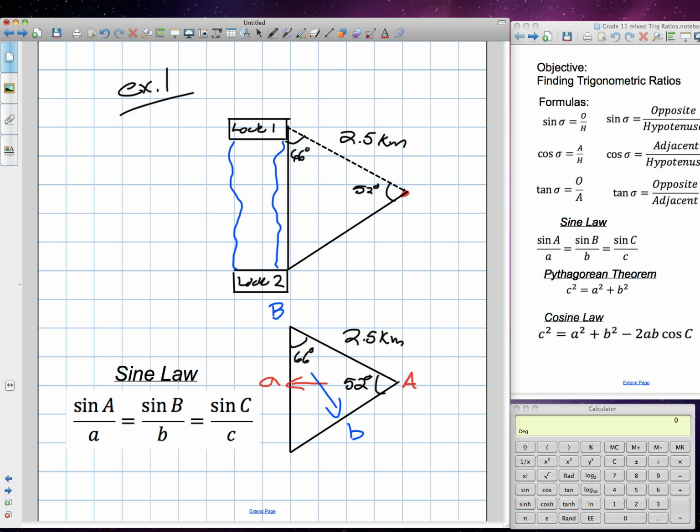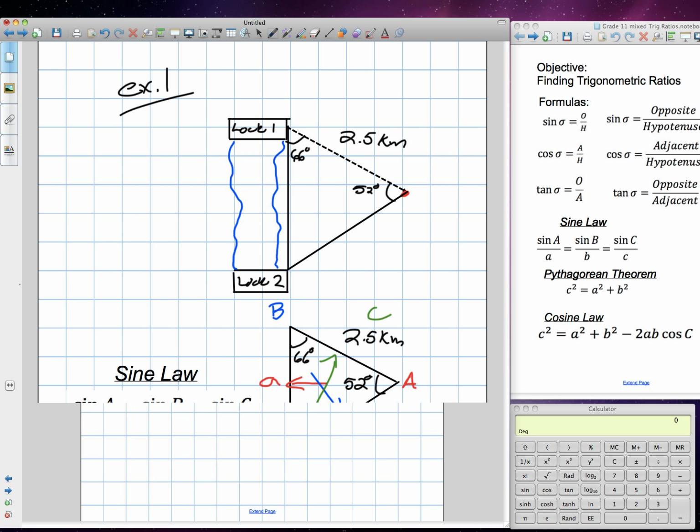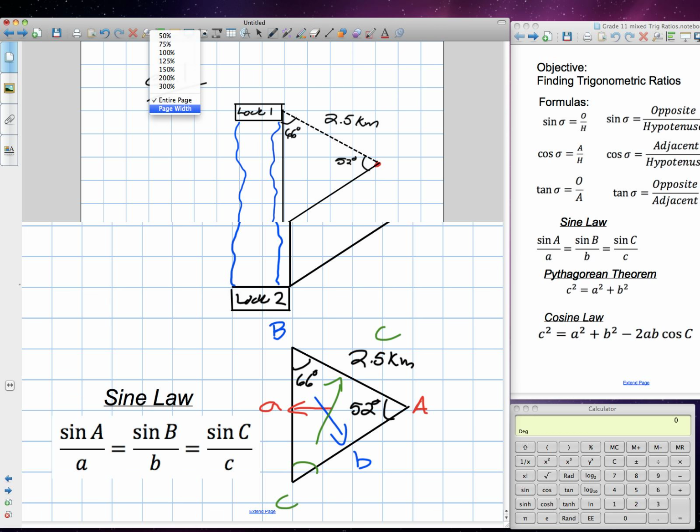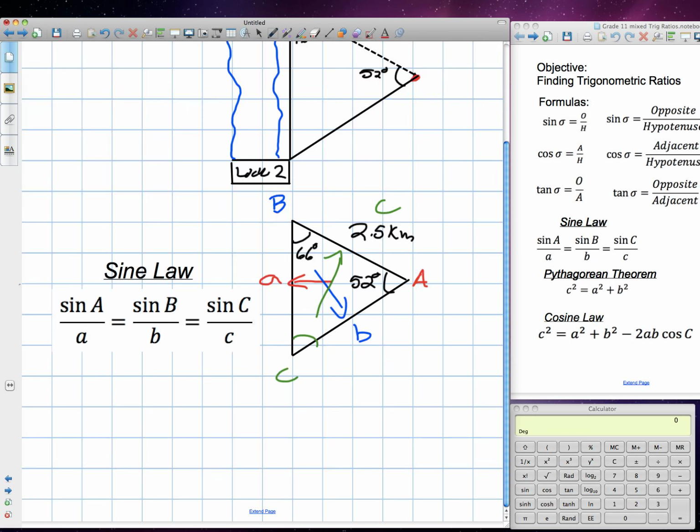And this will be C, which means this is side C. Okay? So what I'm going to do now is plug these into sine law in order to figure this out. So this says sine A, which is my angle. What was the measurement of this angle A? 52 degrees.